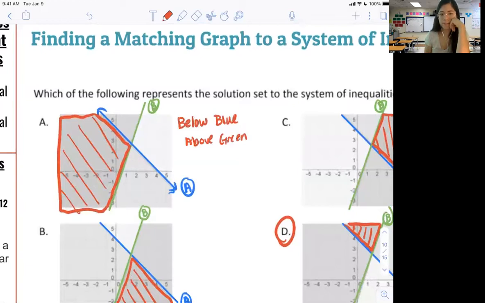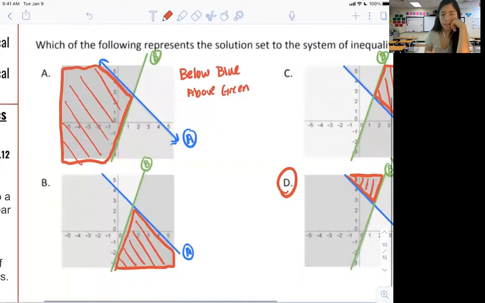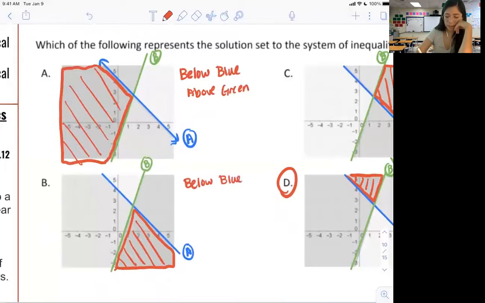You guys see that? B is below the blue. What about the green? Is that red area below the green line or above the green line? Below it, yeah. So this one was below and below.